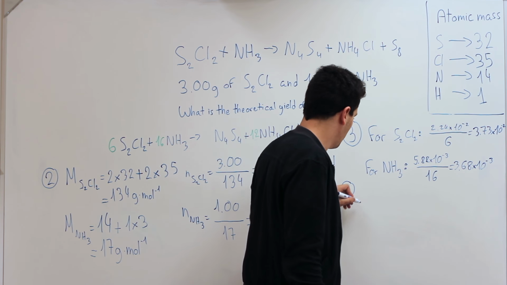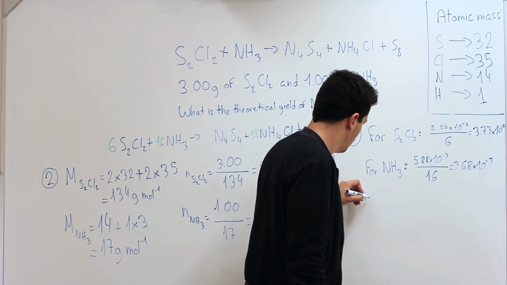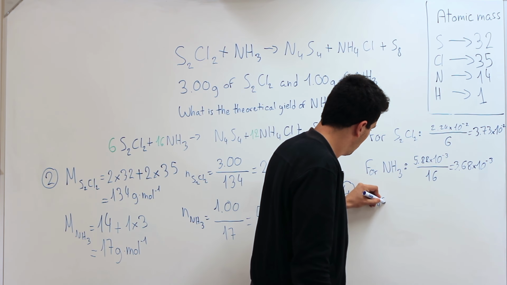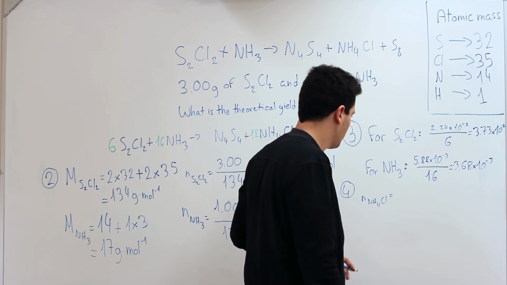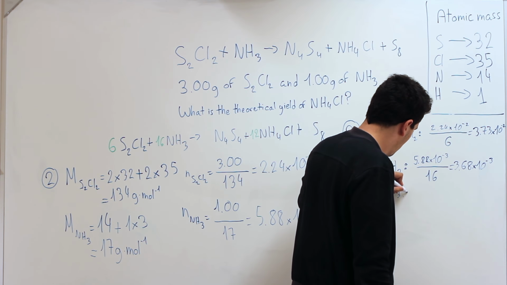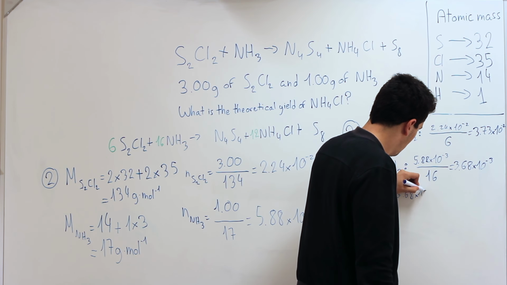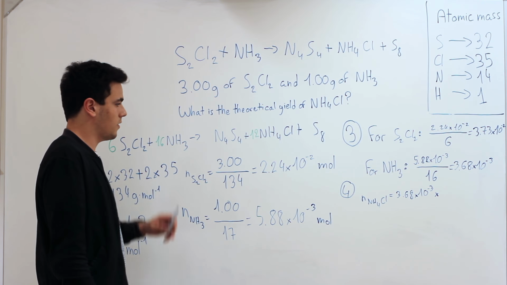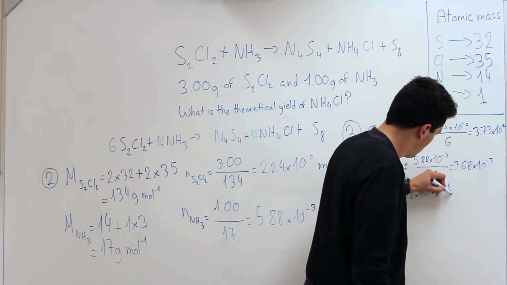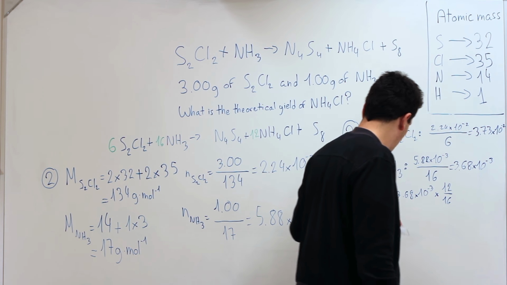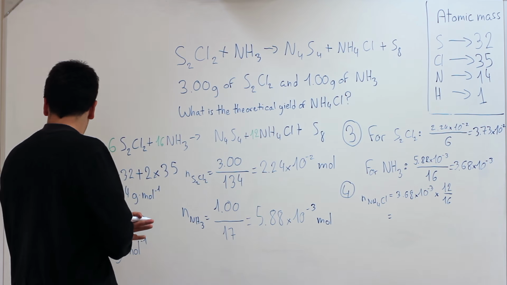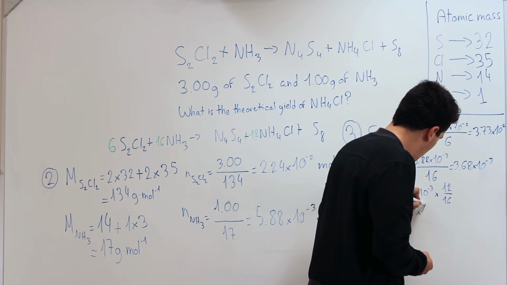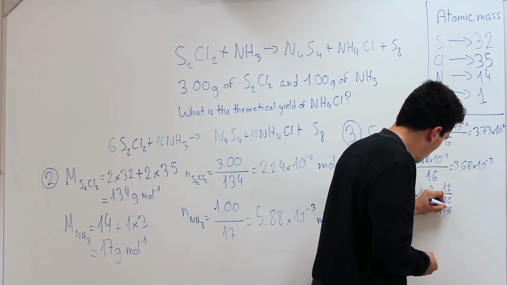So we're looking for moles of S2Cl2, which is equal to, as I said, 3.68 times 10 to the power of minus 4 times the stoichiometric number, 12 over 16, which is equal, in this case, to 4.41 times 10 to the power of minus 2 moles.